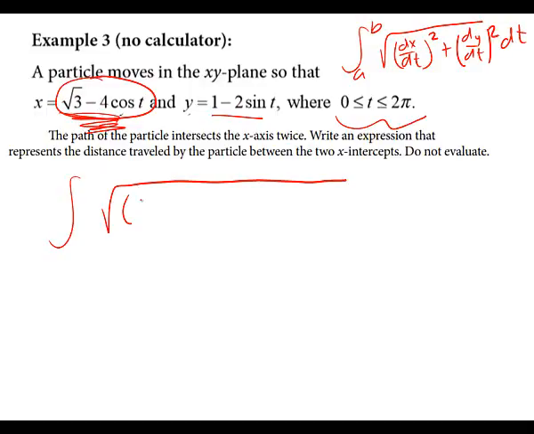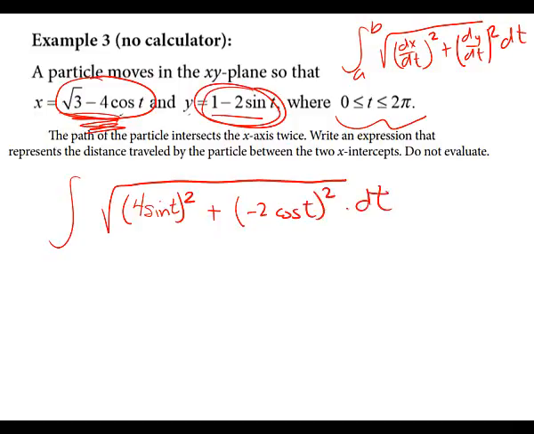Okay, what's the derivative of negative 4 cosine t? Derivative of cosine is negative sine, right? So it's going to go positive 4 sine t, and we're going to square it. Okay, what's the derivative of this y component right here? Negative 2 cosine t, good. Square it. dt.